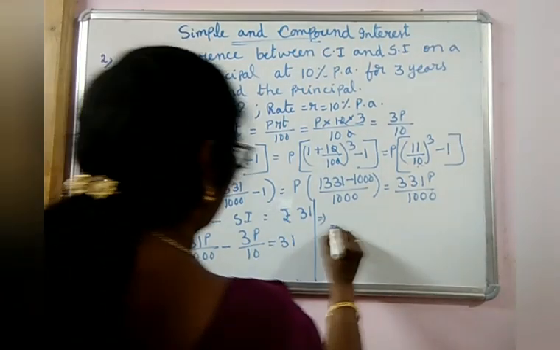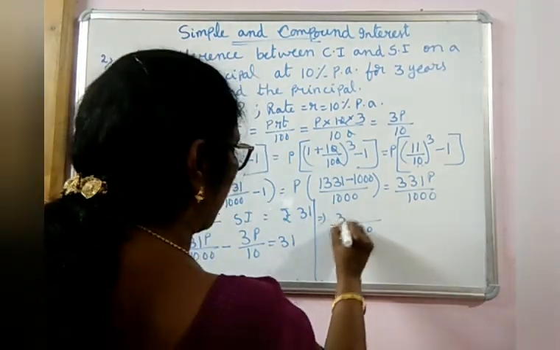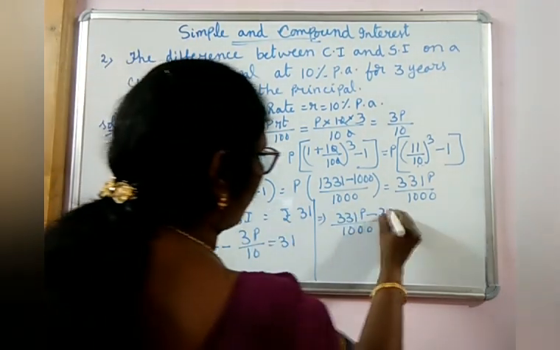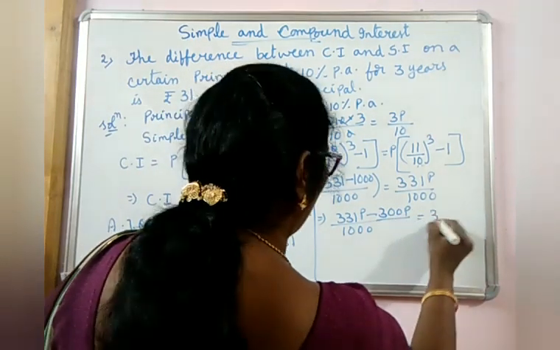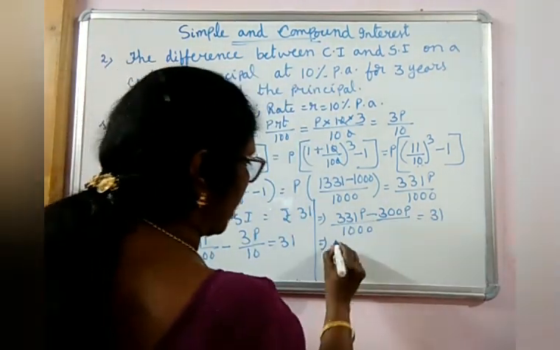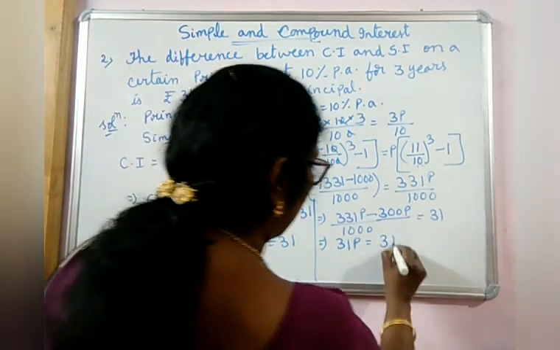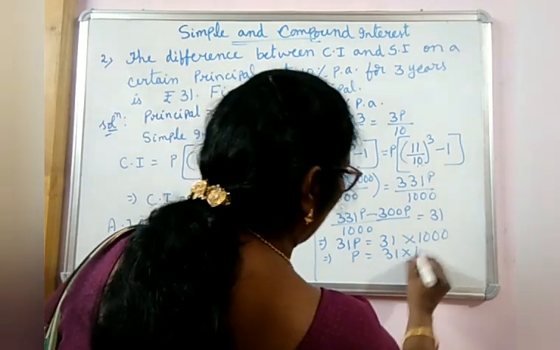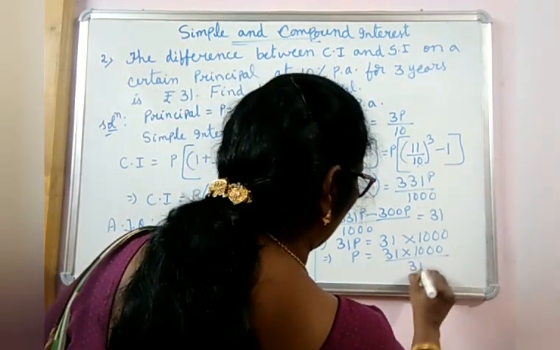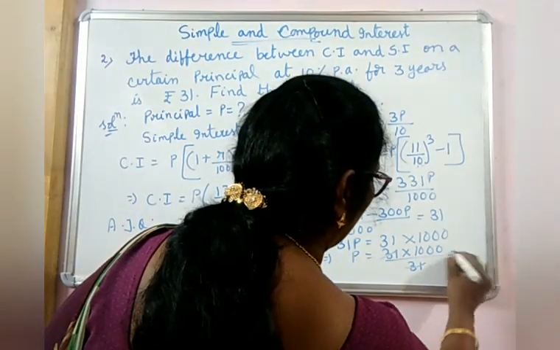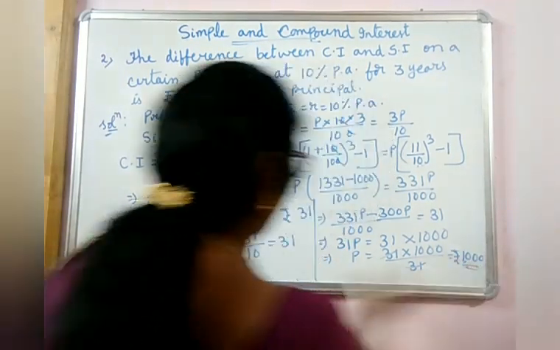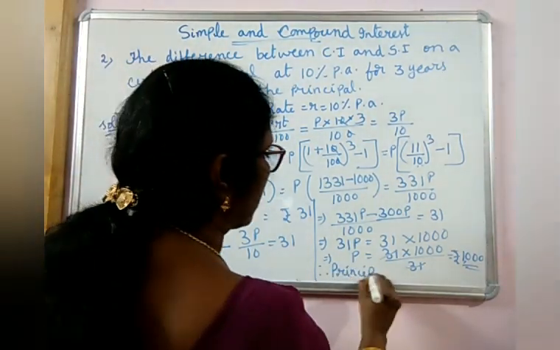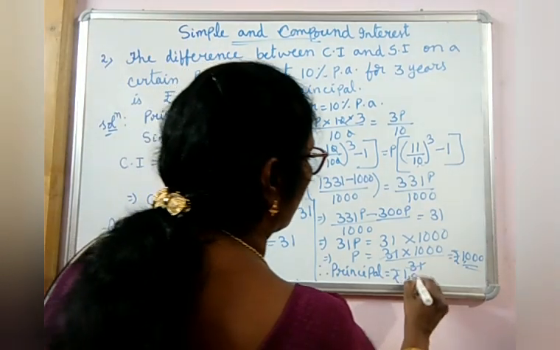That implies 1000 as LCM: 331P, here 1000 divided by 10 is 100, 3s are 300P, equal to 31. 331P minus 300P, 31P, is 31 into 1000. That implies P is equal to 31 into 1000 by 31. When you cancel, you get 1000 rupees. What is the question? Find the principal. Therefore, the required principal is 1000 rupees.